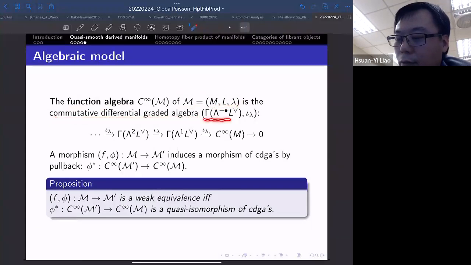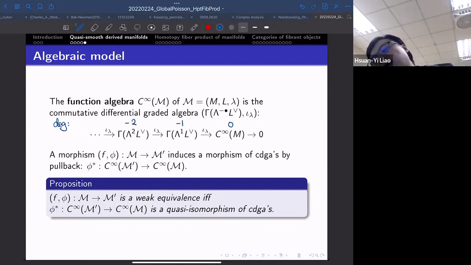The degree assignment is like this: the function part is degree 0, this wedge one part is degree -1, this is degree -2, and so on and so forth.